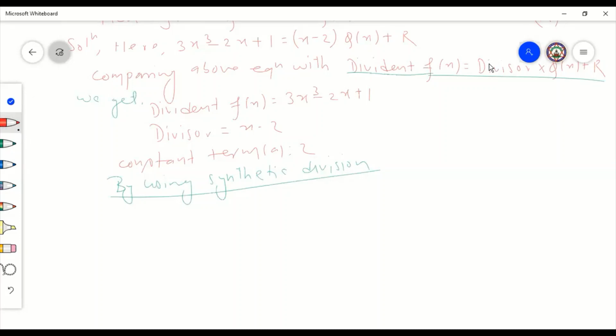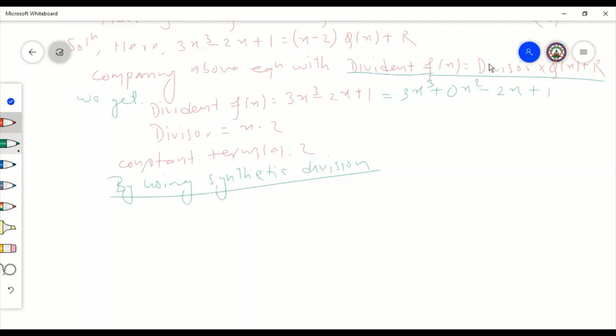In the given polynomial f(x), the variable powers must be in order. The x squared term is not given, so we must add this term as 0 times x squared, and then minus 2x plus 1. Okay, this is the part.